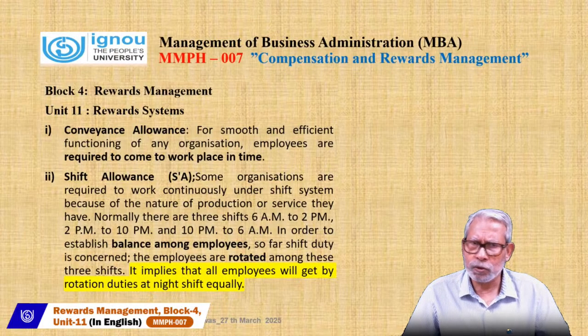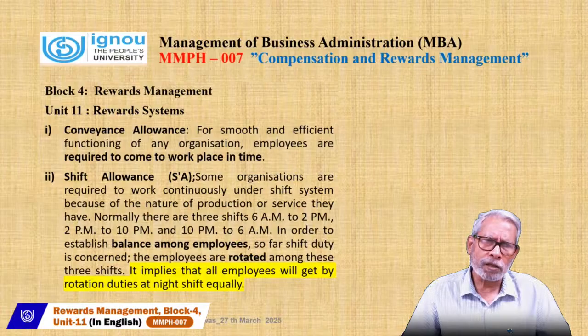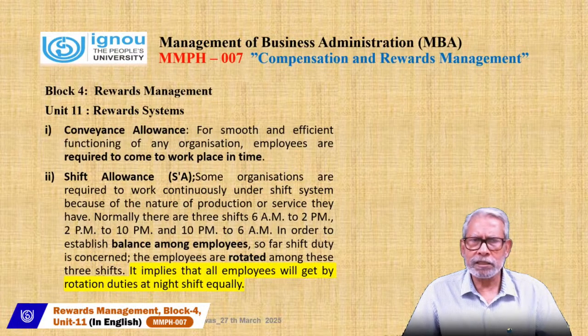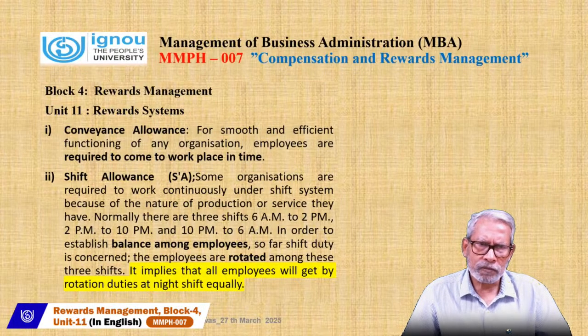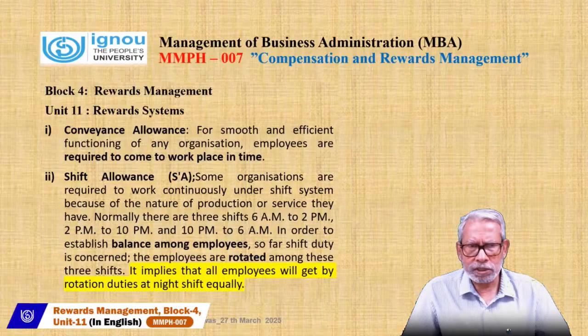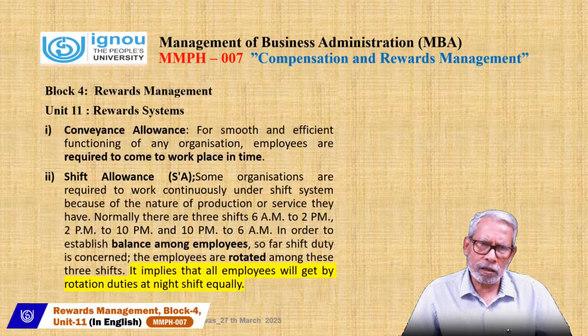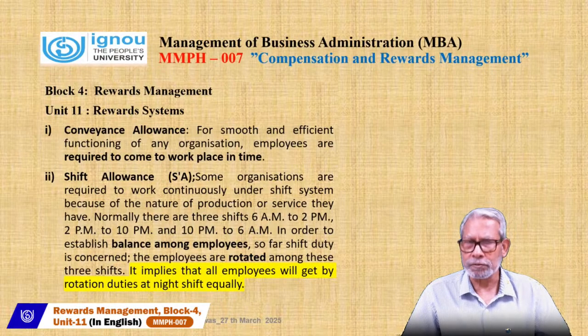One is 6 a.m. to 2 p.m., 2 p.m. to 10 p.m., and another shift is 10 p.m. to 6 a.m. So in order to establish a balance among the employees so far as shift duty is concerned, the employees are rotated among these three shifts.